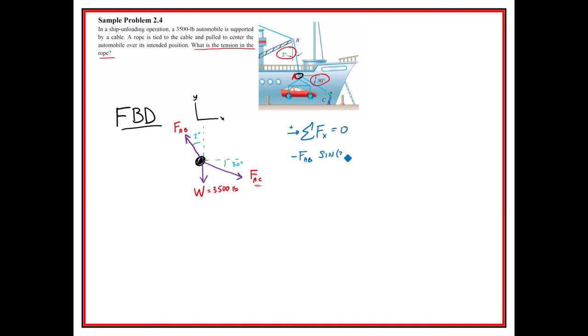And I'll go ahead and put values in instead of just going with symbols. And then in the x direction for FAC, we say plus FAC times the cosine of 30 degrees equals 0.